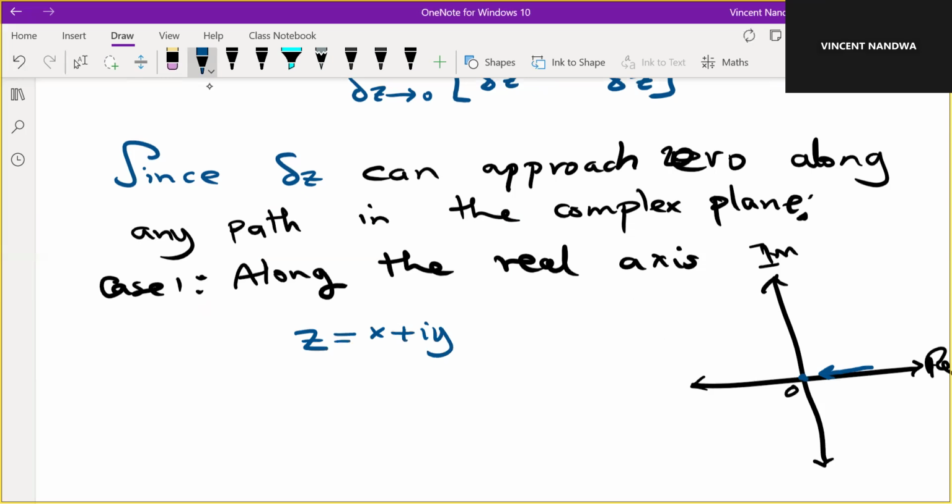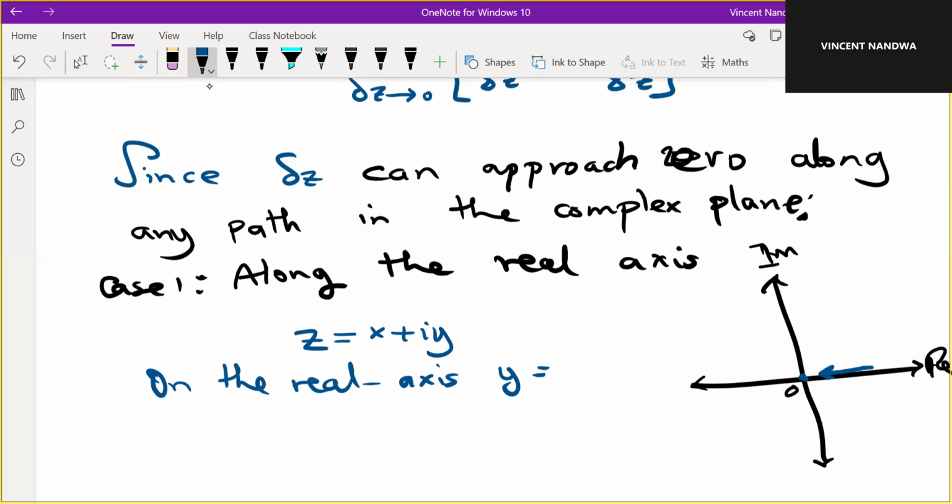So on the real axis, what is the value of y? Actually just the same way we interpret the normal Cartesian plane, even if you are dealing with real numbers.